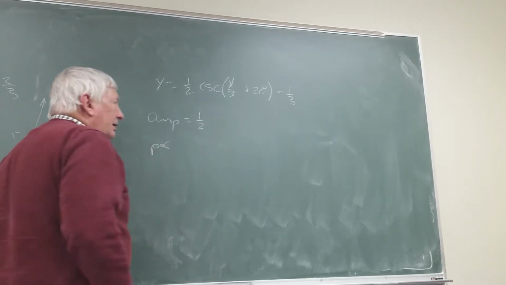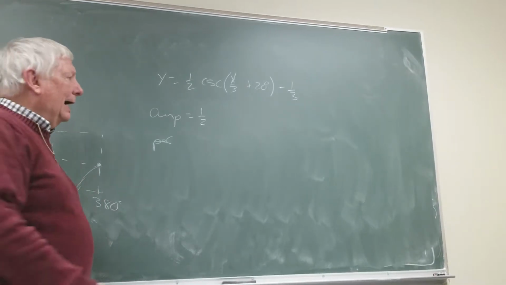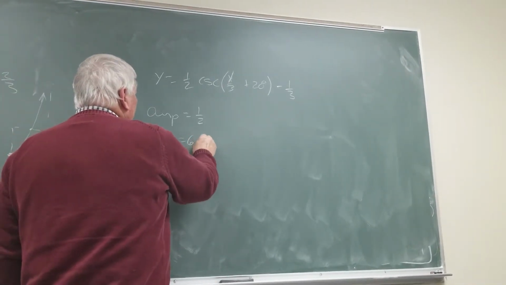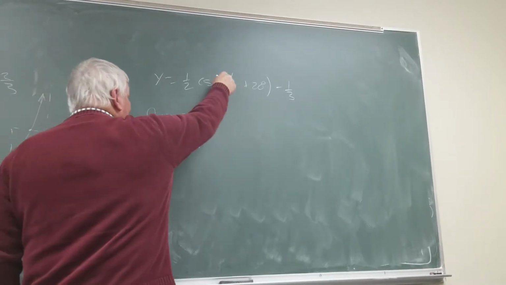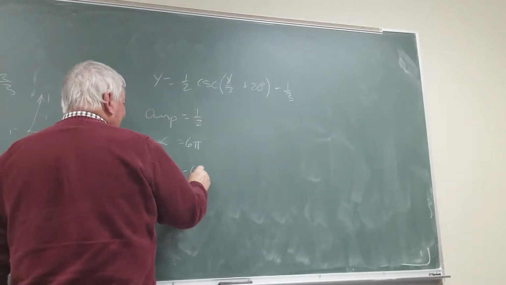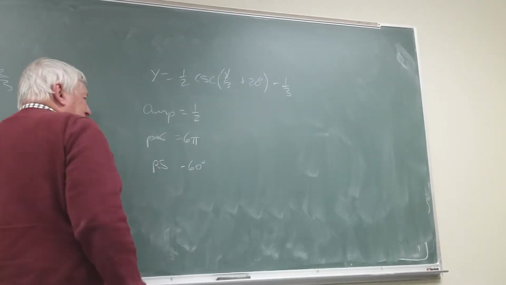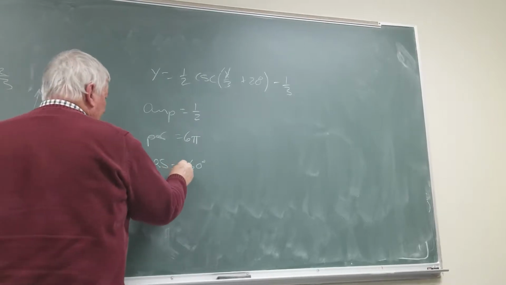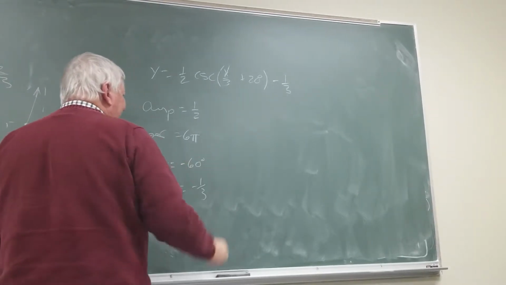Period, standard is 2 pi. 2 pi divided by 1/3 is 6 pi. Let's see, negative 60 divided by 3 is negative 20. So the phase shift is negative 60. And the translation is negative 1/3.